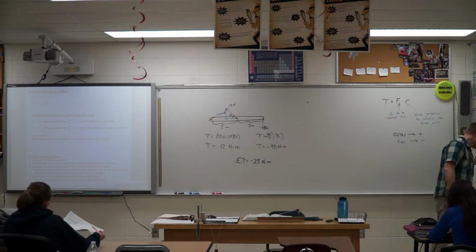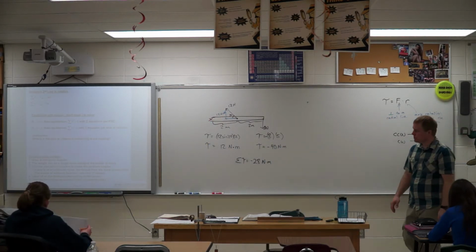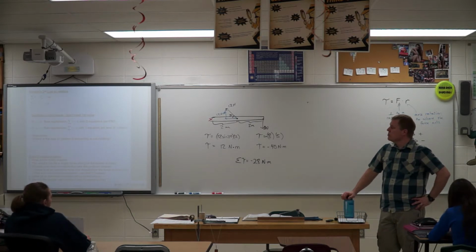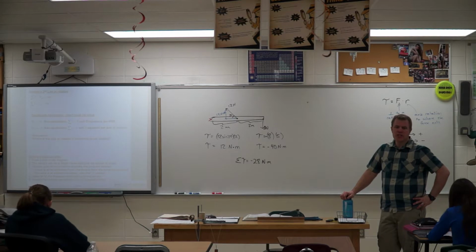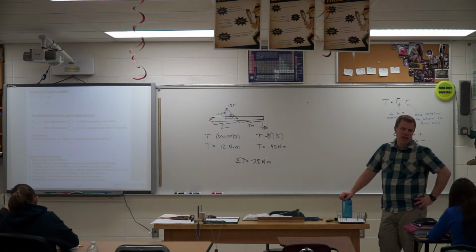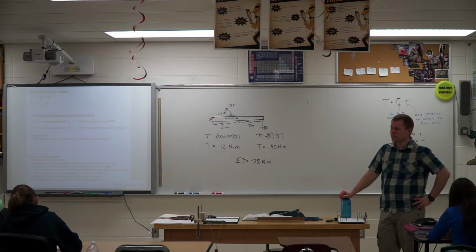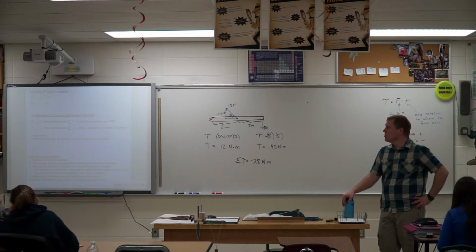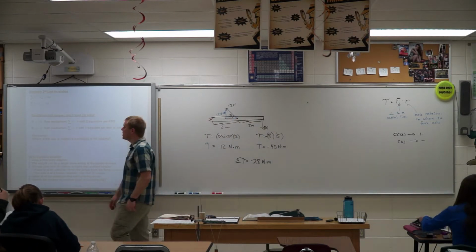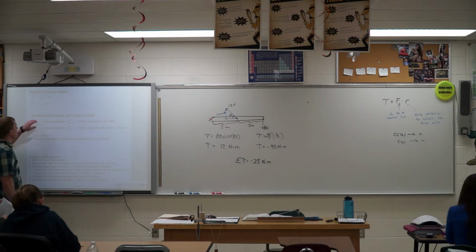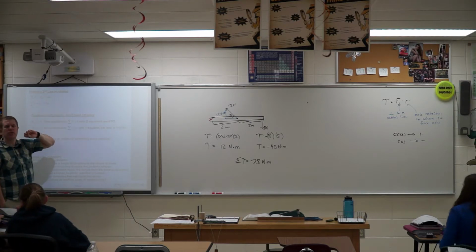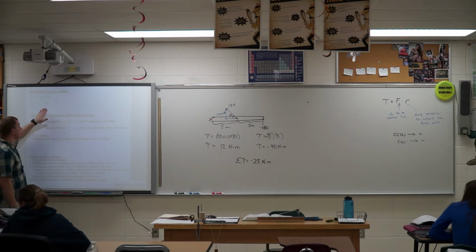So, all right. So next, we are going to look at the situation when I add up all of my torques and it adds up to 0. Newton's second law works the same for rotation as it does for linear. So the sum of the forces equals ma, sum of the torques equals I alpha. They're parallel equations.